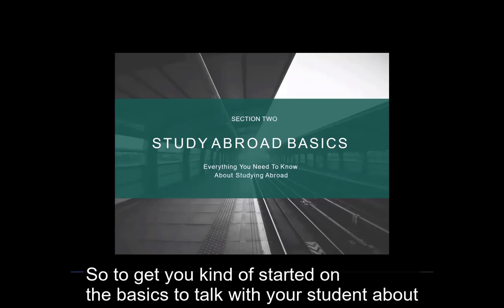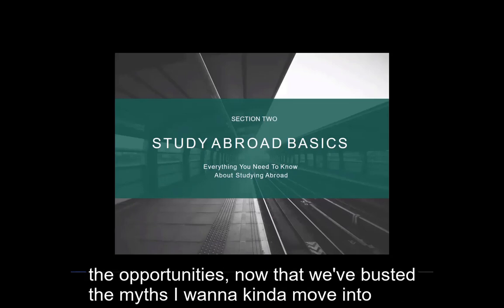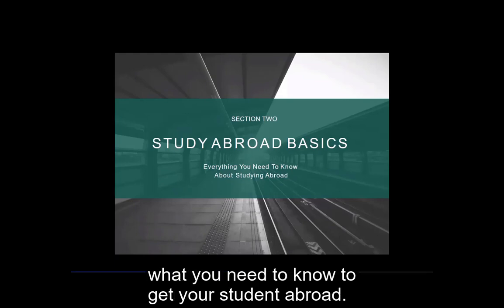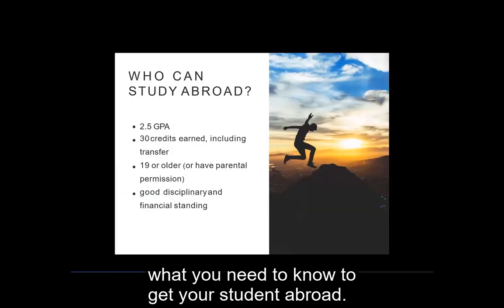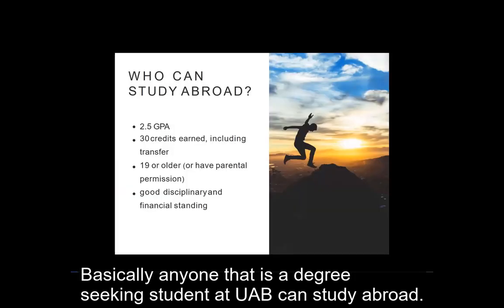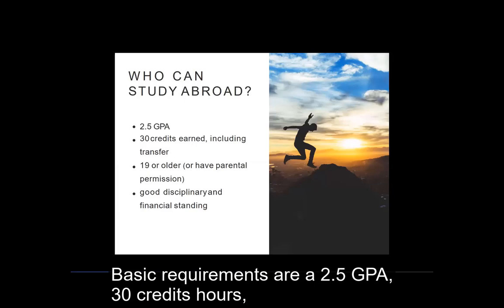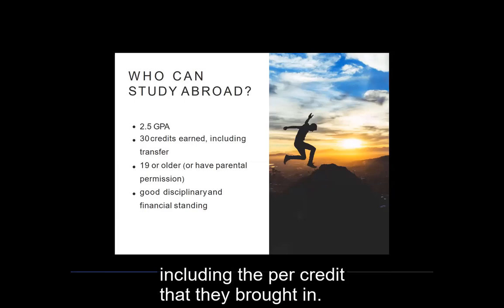Apologies there. So to get you kind of started on the basics, to talk with your student about the opportunities, now that we've busted the myths, I want to kind of move into what you need to know to get your student abroad. So who can study abroad? Basically, anyone that is a degree-seeking student at UAB can study abroad. Our basic requirements are a 2.5 GPA, 30 credit hours, including any transfer credit that they brought in.